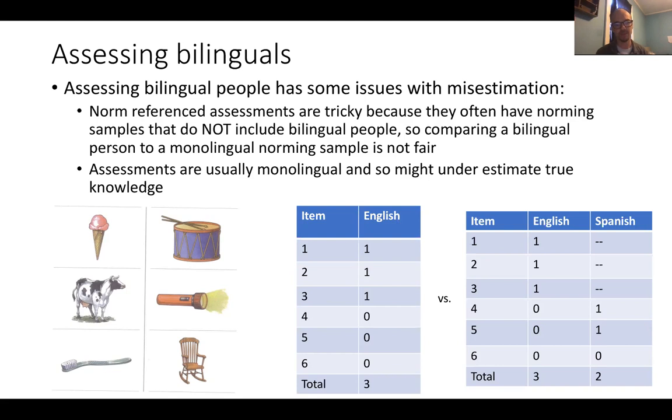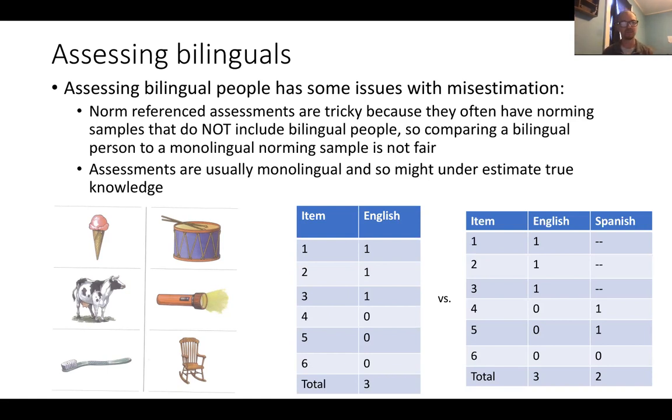If you just stop there, this bilingual student looks like they only knew 3 of 6 items. But if you re-administer those missed items in the second language, or excuse me, in the first language, you can see that in Spanish, the student now gets 5 of the 6 correctly. And so that's a better estimate of students' vocabulary knowledge.